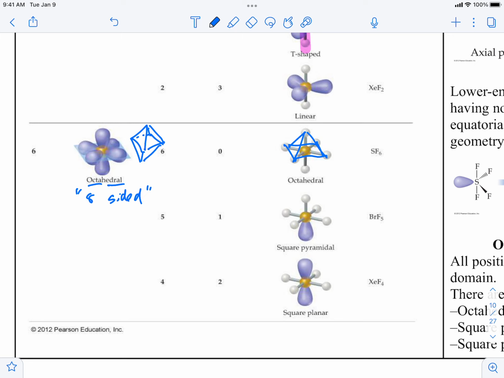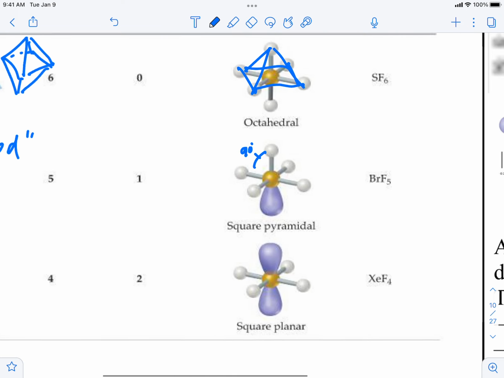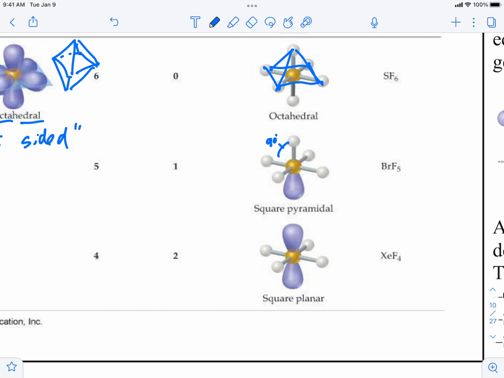If there are lone pairs in an octahedron, then determining where they go doesn't matter, because here they're all the same. Every angle here is 90 degrees. So the lone pair, just pick a side. Put the lone pair there.